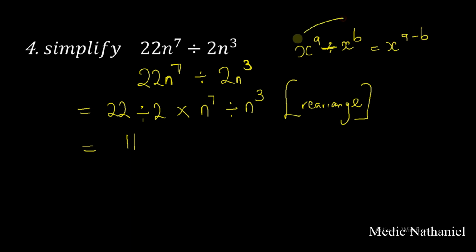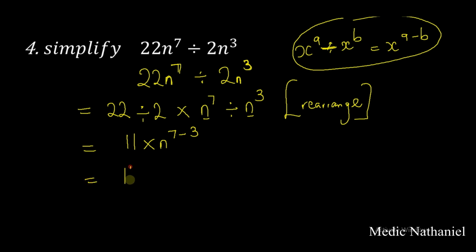Since the root numbers are the same, n, I will take one of the root numbers, n, and subtract the powers, 7 minus 3. So 7 minus 3 will give you 4. So I have 11 times n raised to the power of 4, which is 11n raised to the power of 4. This is the answer.